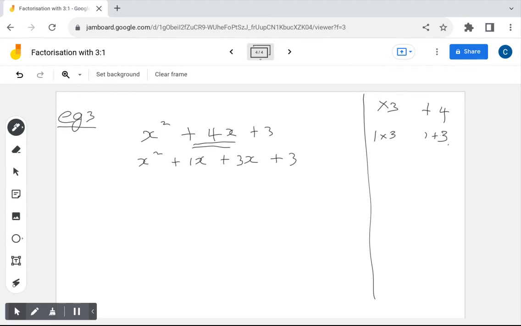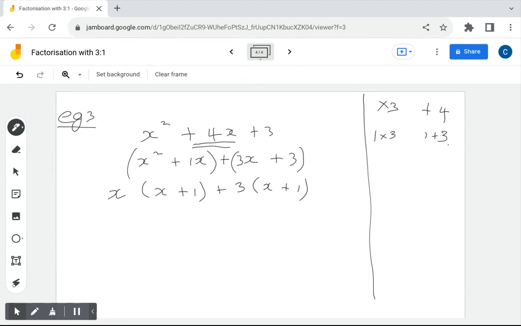Now we do exactly what we did in example 2 and example 1. Brackets, we separate them in two terms, we pair them out, and then we factorize. So x squared plus 1x, we could factor out x, so you get x plus 1, and 3x plus 3, we could factor out 3, so you get x plus 1.